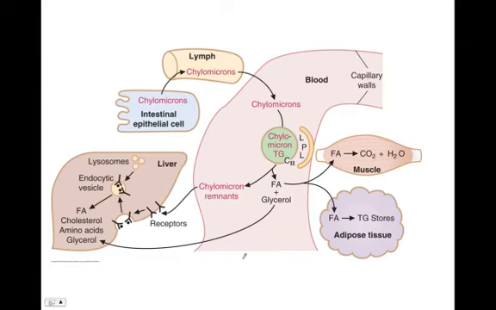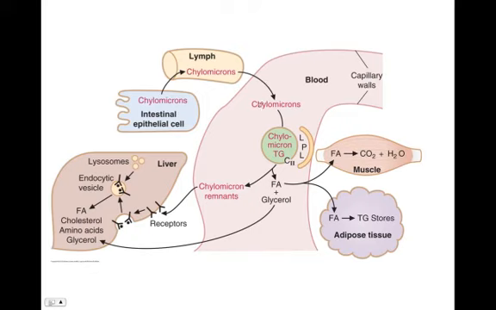Now let's look at the interaction of the chylomicrons with the capillaries as they begin their circulation and facilitate the storage of fatty acids. So if we start back at our intestinal epithelium, where our nascent chylomicrons are produced, they're secreted into the lymph and enter the bloodstream through the thoracic duct.